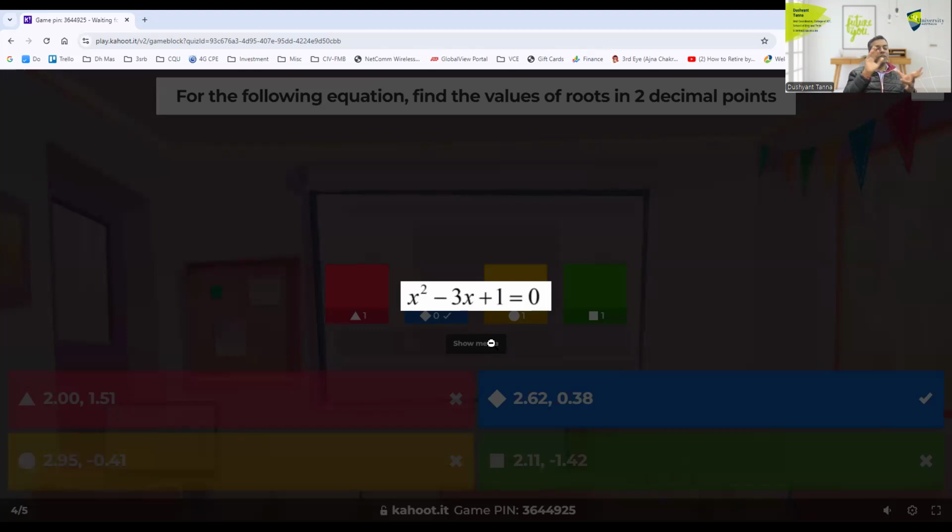Now root 5 is near 2.2, about 2.21 or 2.22. Divided by 2 is 1.11. So 1.5 plus or minus 1.1, approximately. If you can't do it, use a calculator. It doesn't prohibit you from using a calculator. So 2.6 or the other one.